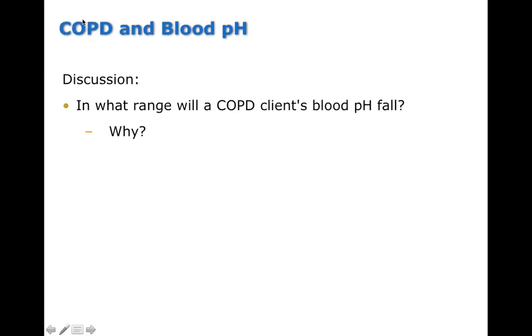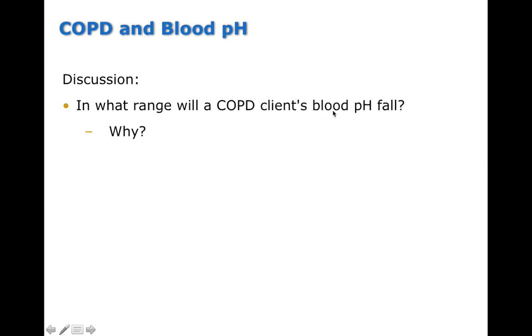So with COPD, chronic obstructive pulmonary disease, it has an effect on individuals' blood pH, right? So remember, COPD was an example of emphysema. So this question here says, in what range will a COPD client's blood pH fall within? So we know that normal blood pH is 7.35 to 7.45. And with COPD, they're having difficulty with proper respiration and ventilation.